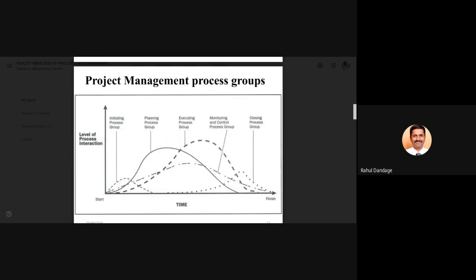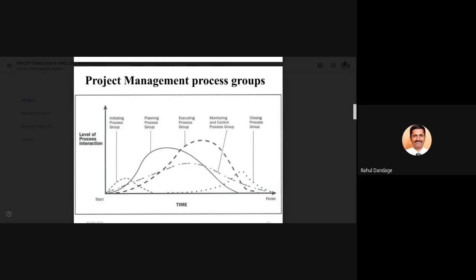Is it visible to everyone? Say yes in the chat box if you are able to see the diagram clearly. Okay, so all are saying you are able to see the diagram clearly. Just one small activity.